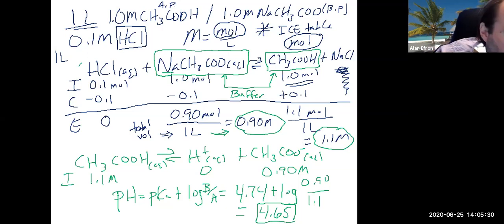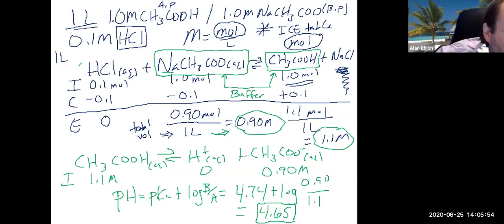But more importantly, it also went down in the right direction. What I mean by that is we added acid, so we would expect the pH to go down a little bit. Remember, as I talked about, you will actually see the pH go down a little bit, but what we're talking about with buffers is you're not going to see a tremendous jump in pH downward.